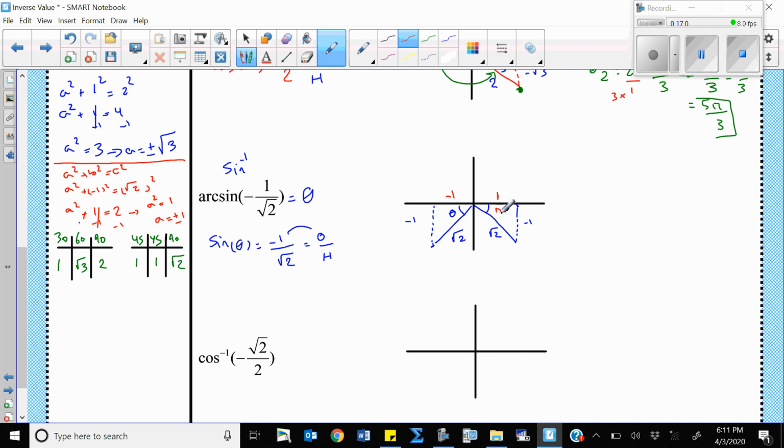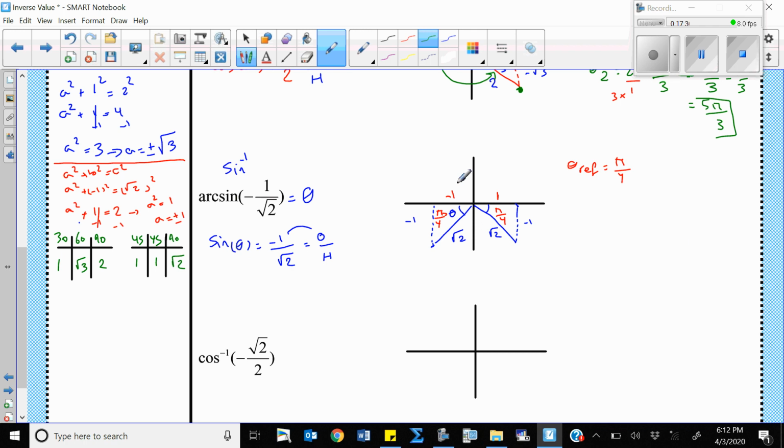So this is basically pi over 4, because 180 is pi, and divided by 4 is 45. So that's why 45 is pi over 4. The same is here. This angle is also pi over 4. So I found the reference angle. Theta reference is pi over 4.